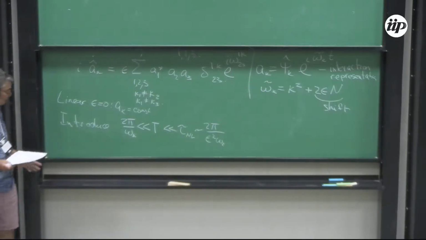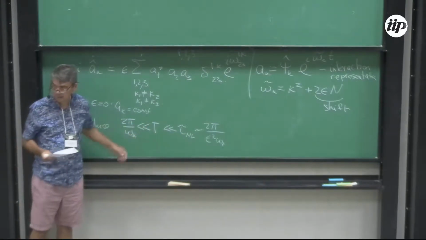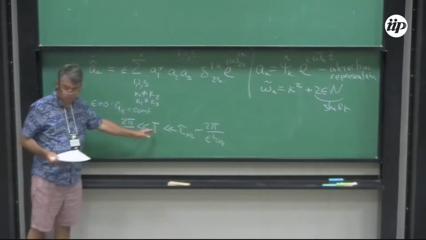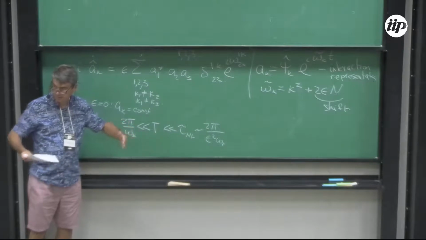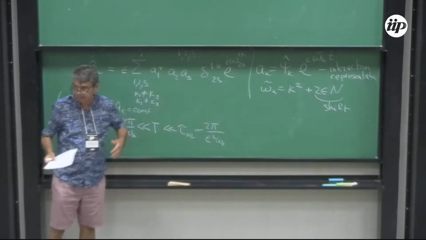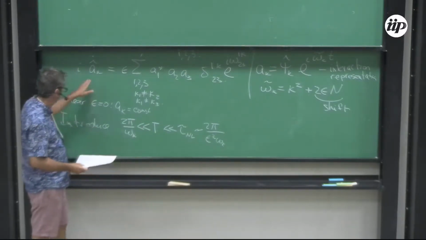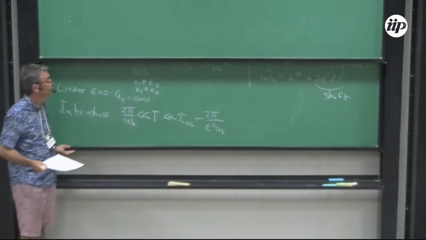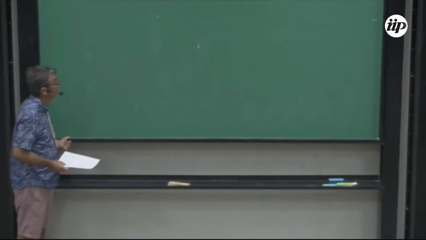This is just to say I want to filter on a scale which is greater than linear oscillations, but still less than the characteristic evolution of the nonlinear part.